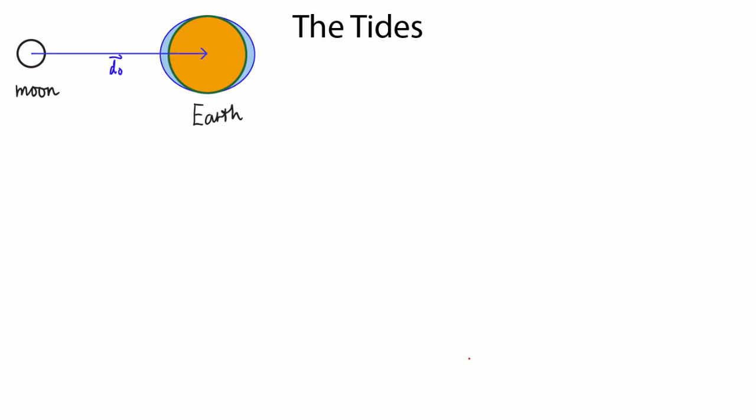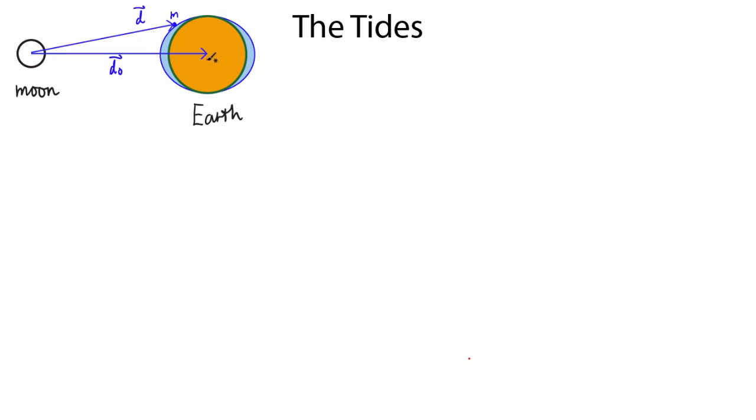Okay. And we will also pick some parcel of water here on the ocean of mass m. And we're going to take another vector that goes from the center of the moon to that parcel of water, like that. And I'm going to call that vector d.